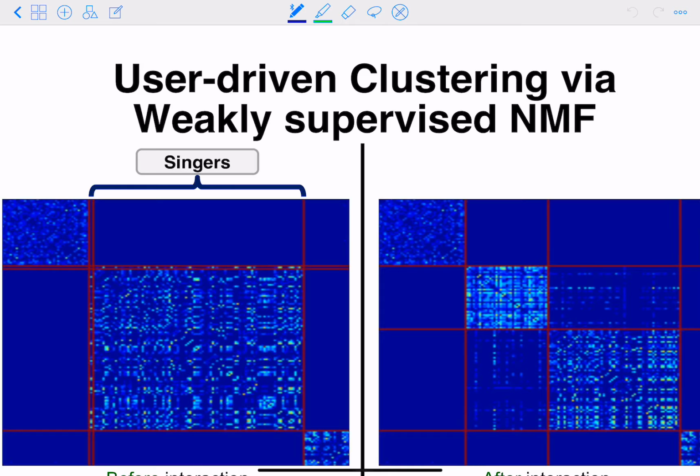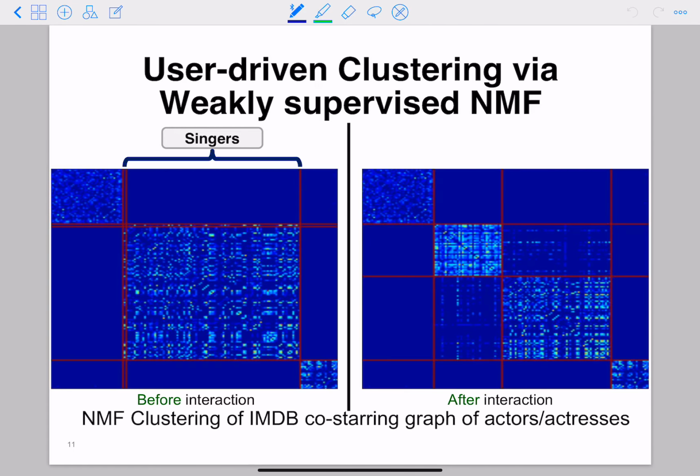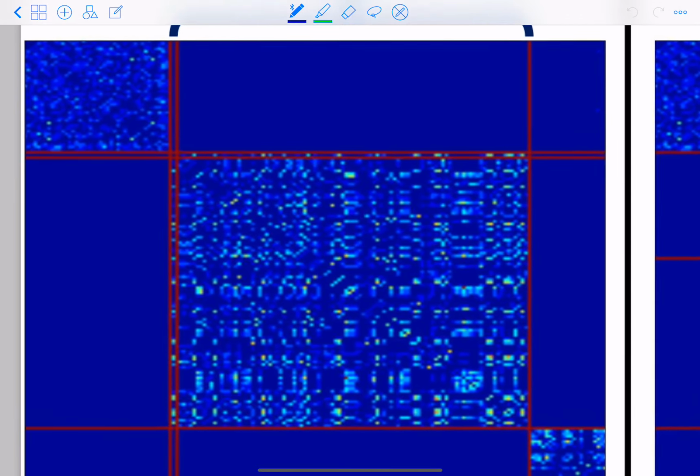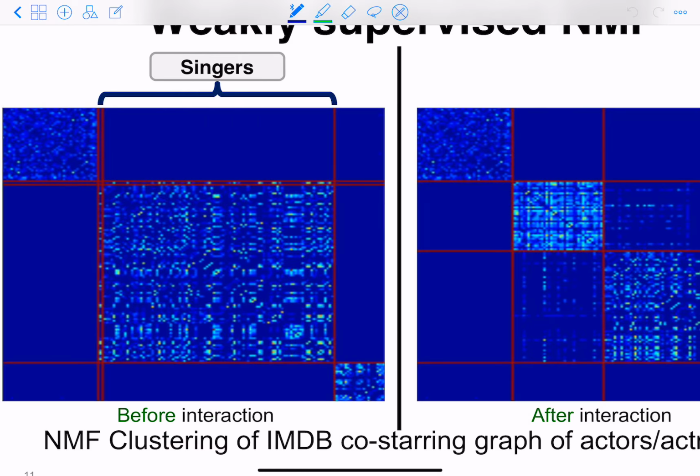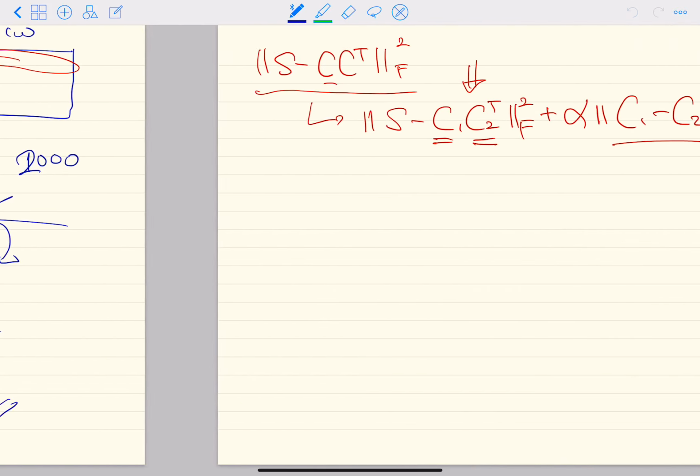So in that case, we have no clear clusters. But anyways, this is what we obtained initially in the first stage of clustering. But here we can see that there is one cluster that contains only one data item. And here, let me see.